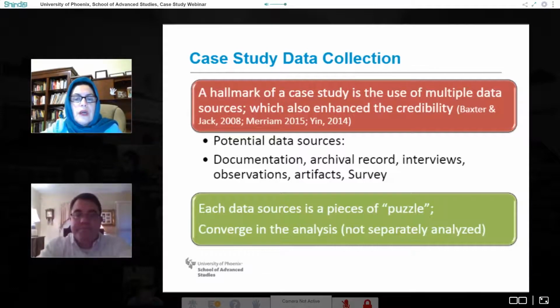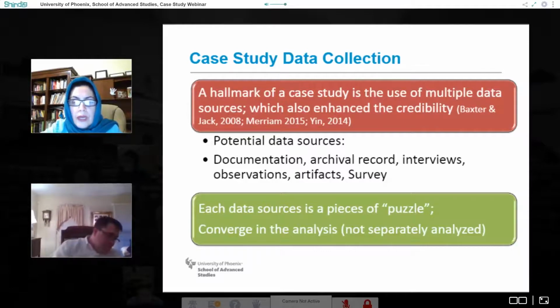As I mentioned, there are different sources: documentation, archival records, interviews, observation. Sometimes you can even use artifacts, depending on your study, and compare and contrast them with your other sources of data and survey.